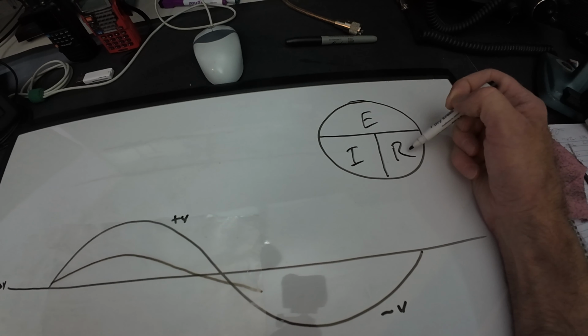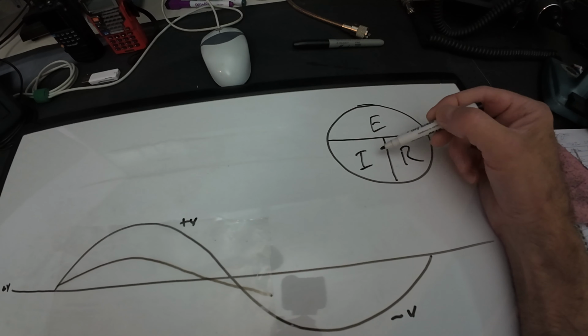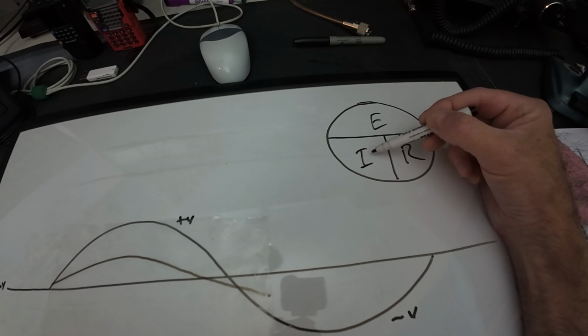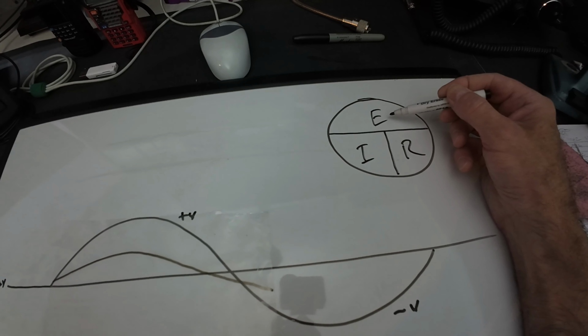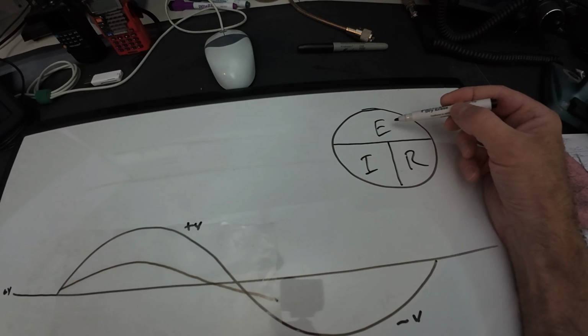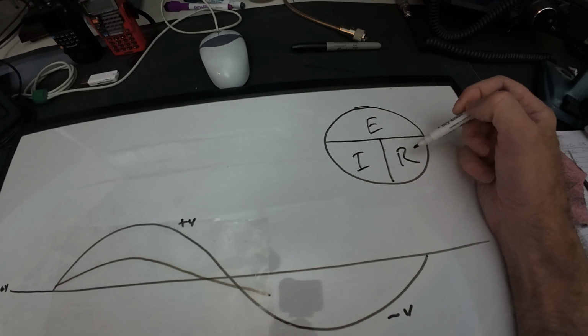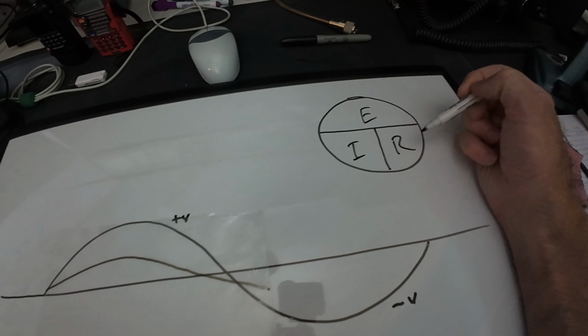If you divide the resistance into the voltage, it gives you current. If you multiply the current times the resistance, it gives you the voltage of the circuit. So typically we're talking volts, amps, and ohms.